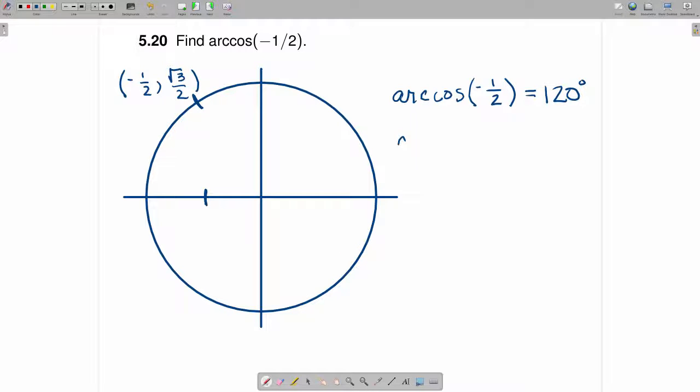Or if you want to express the arccosine of negative 1/2 in radians, if this is pi all the way around to here, this is 2/3 pi, so this will be 2 pi divided by 3. Again, arccosine of negative 1/2 is 120 degrees expressed in degrees, or 2 pi over 3 expressed in radians.